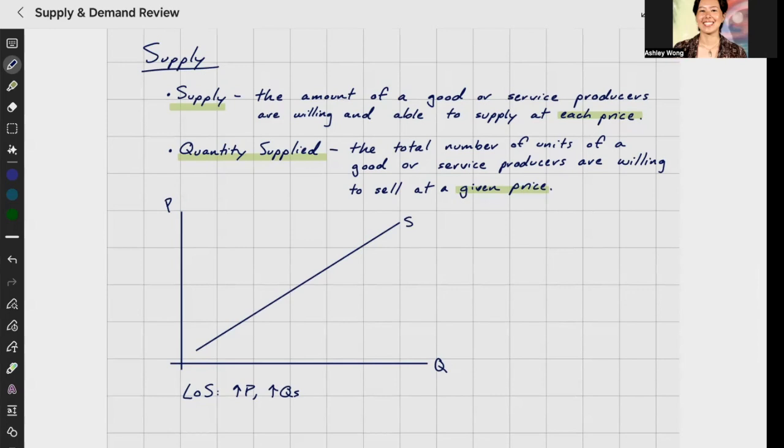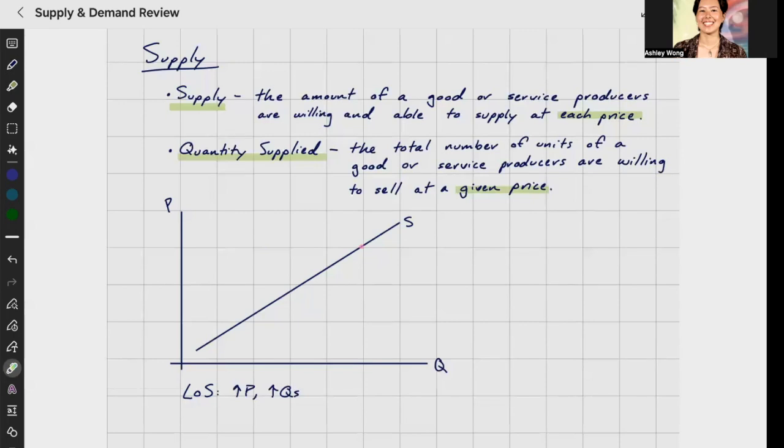So to differentiate between the definition of supply and quantity supplied, supply is telling us the amount that producers are willing to sell at every price. So supply is really just our entire supply curve, any point along the supply curve. While quantity supplied is the total number of units of a good that producers are willing to sell at a specific price or a given price.